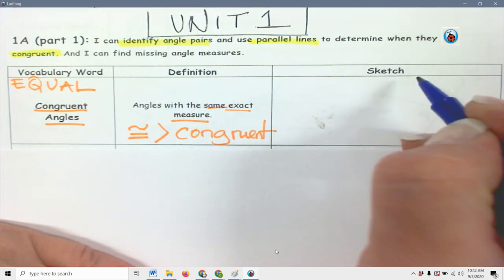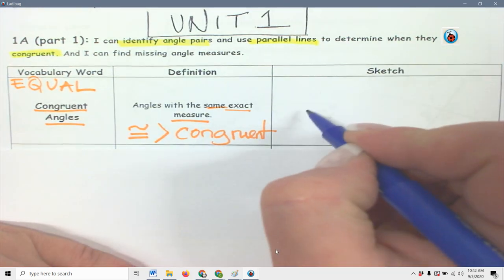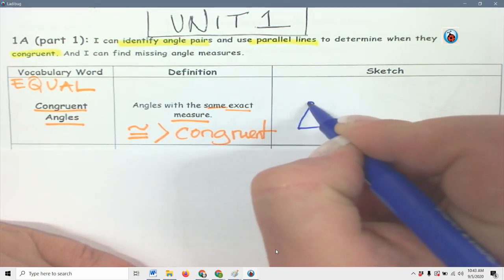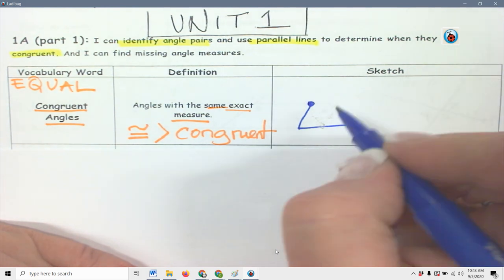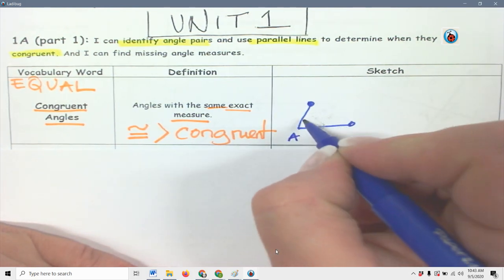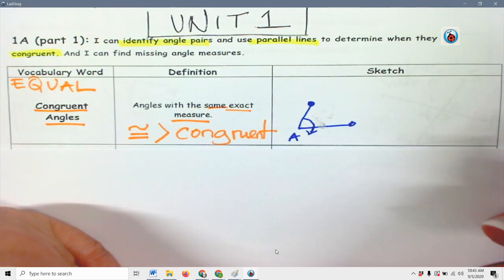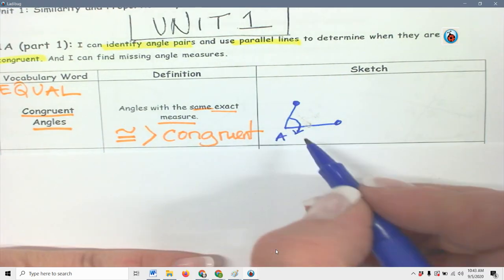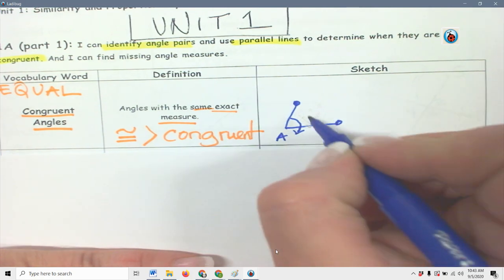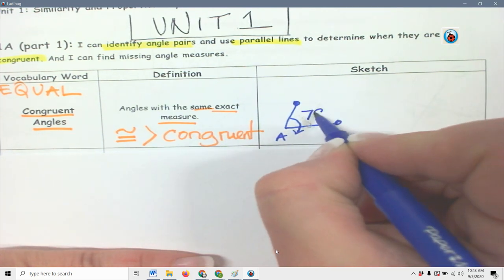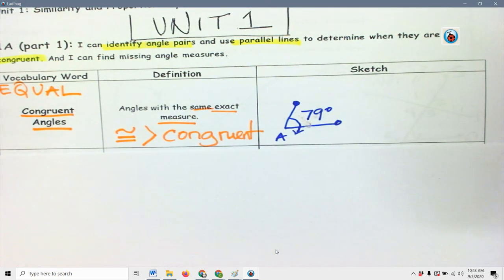Let's sketch a picture of some congruent angles. Well, here's an angle. We'll call this angle A. And we like to add a little symbol like that, and that indicates the measure of that angle. Let's say that this angle is 79 degrees. And we'll have a second angle.